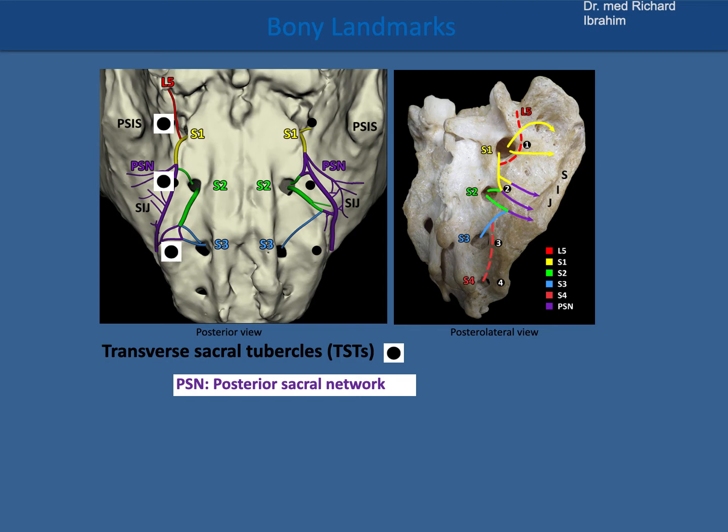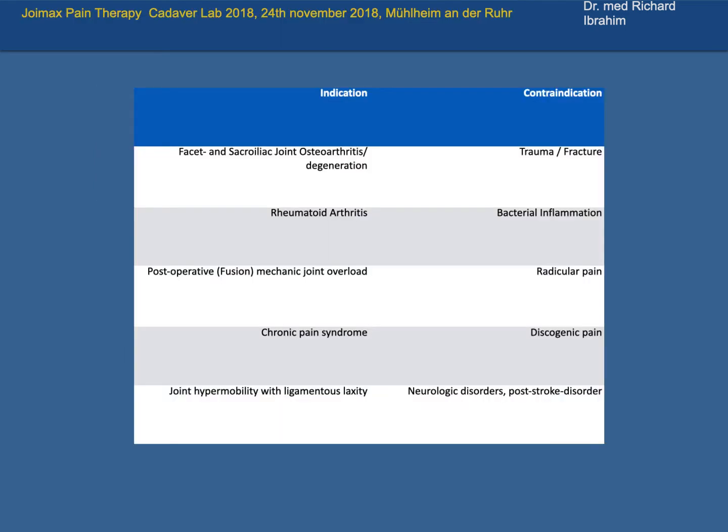But also to see there is a connection to L5, and especially if the patient has facet joint degeneration, you should also include the pain treatment of the L4-5 area in one treatment. So these are the indications for facet and sacral joint interventions.